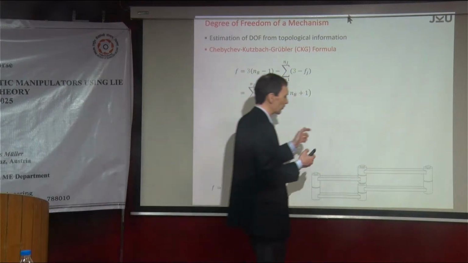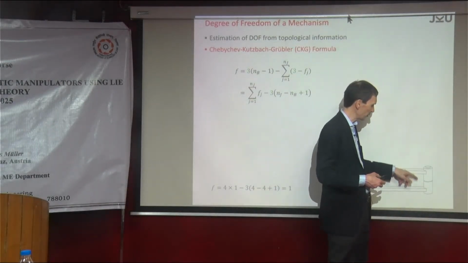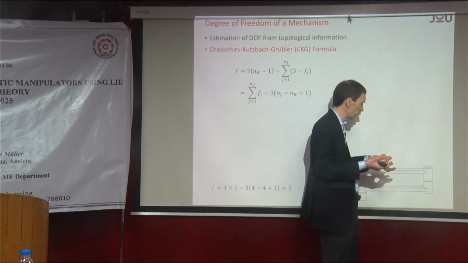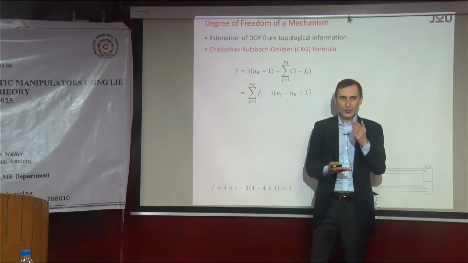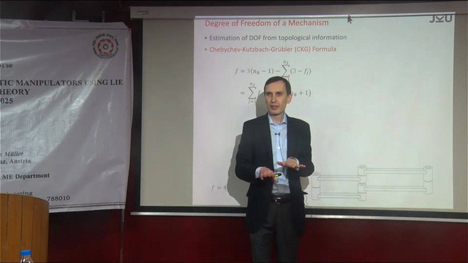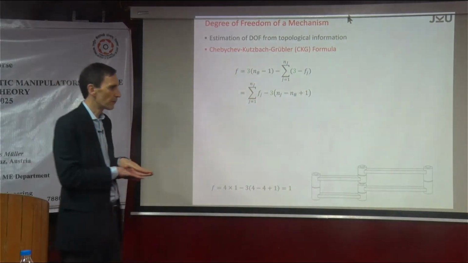A revolute joint restricts the relative motion of the two bodies to a pure rotation. That's why it's called the revolute joint, right? So there are no translations anymore. In the plane, the 2 translations are constrained.